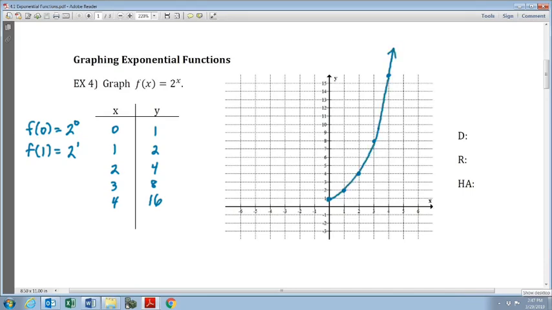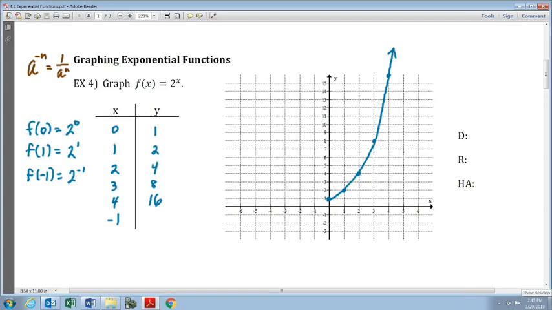Now let's see what's going on the left. Let's choose x to be -1. So f of -1 is 2 to the -1. Now there's a property of exponents: a to the -n equals 1 over a to the n. Notice a negative exponent doesn't result in an answer that's negative.